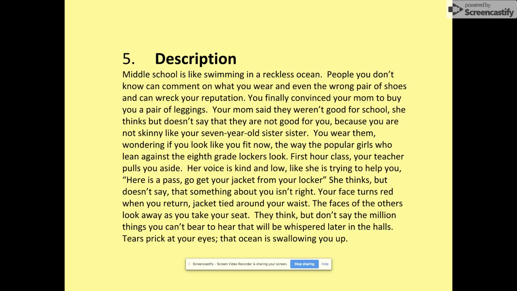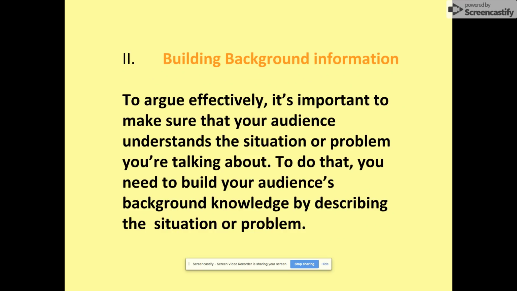They think, but don't say the million things you can't bear to hear that they will be whispered in the halls later. Tears prick at your eyes. That ocean is swallowing you up. Right, those are just several different kinds of attention getters that you could use for the same topic.